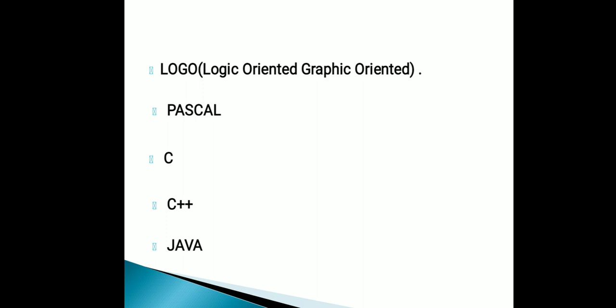Okay, so C++ and Java use object oriented programming, and Java is based on C++. Okay, I hope you understood the high level language programming.